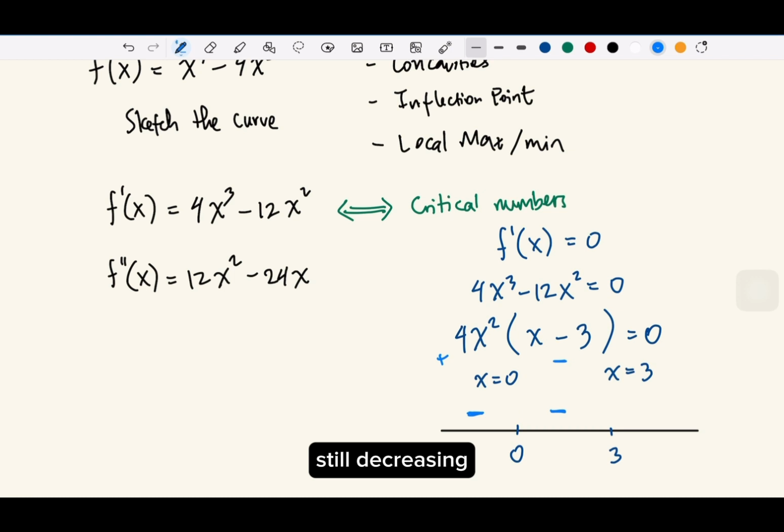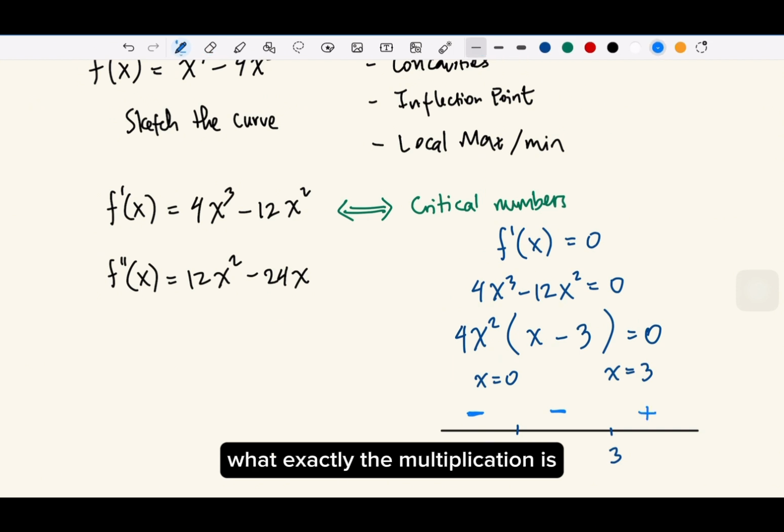Still decreasing. And then above 3, let's try 4. This is positive, this will be positive, so positive times positive is positive. We don't care much what exactly the multiplication is. We only care about the signs.